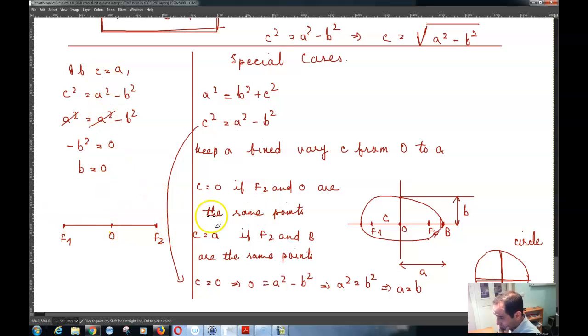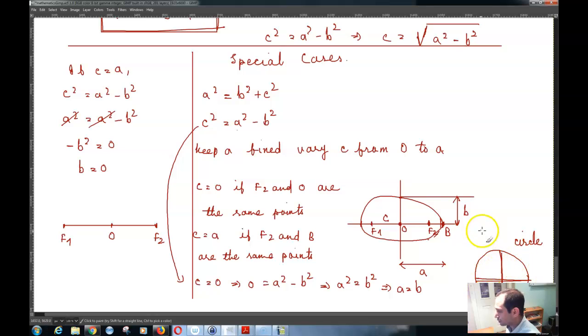So these are the two extremes, basically the two special cases that can happen in case of an ellipse.